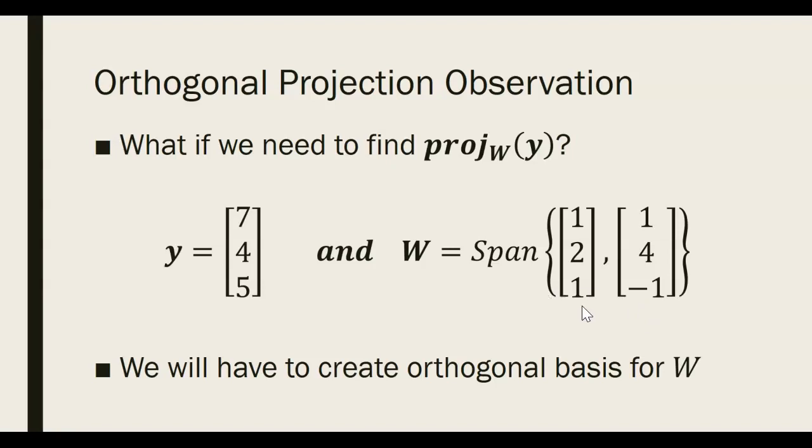Then what we're going to do in the next section is create an orthogonal basis for W. And that is called the Gram-Schmidt process. So we'll see more of that in the next section. But for now, being able to do these projections is all we want to do in 6.3.